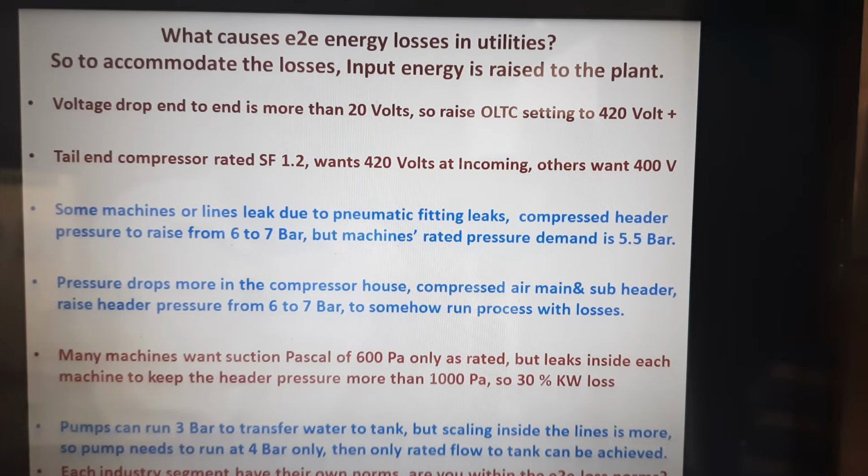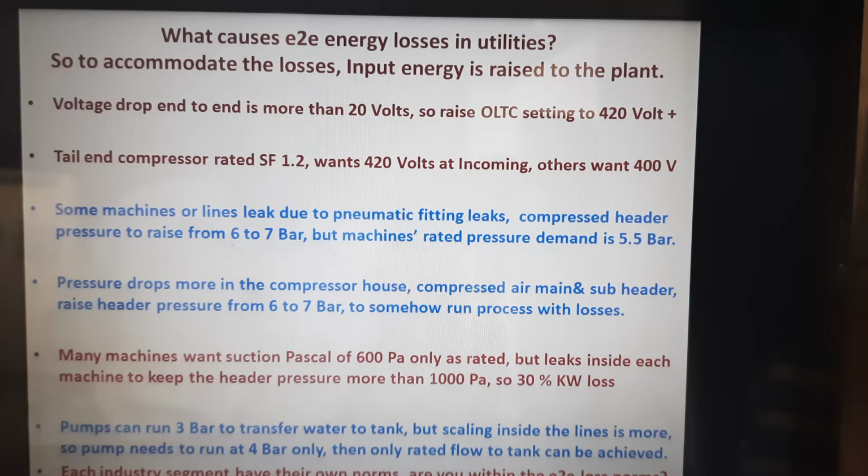But when all the other equipment throughout the plant can be run at 390 to 400 volts, the compressor wants only 420 volts, so that the energy loss in the compressor is reduced, because for the fully loaded compressor, the efficiency is better when it is at a full 415 volts plus.